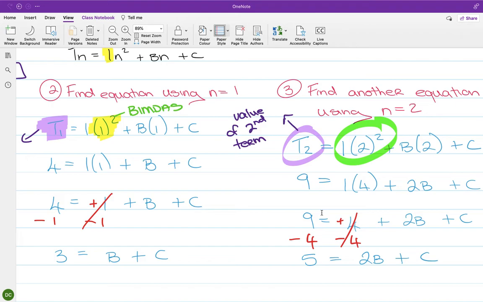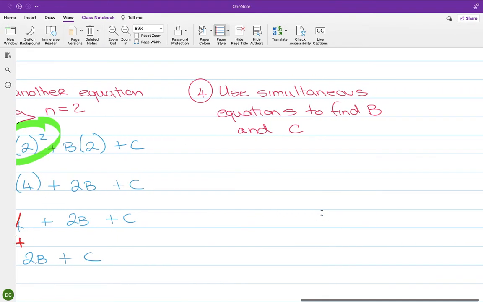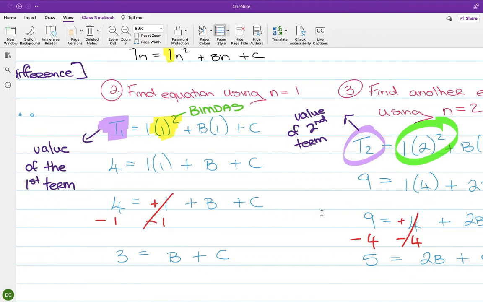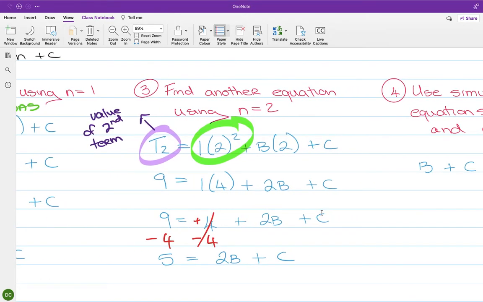Okay, sorry, I'm writing this off your screen as well. So I've created step 4, use simultaneous equations to find b and c. So the first equation is b plus c equals 3. And the second one is 2b plus c equals 5.